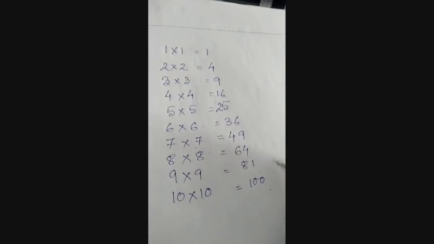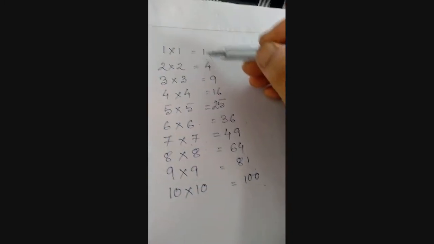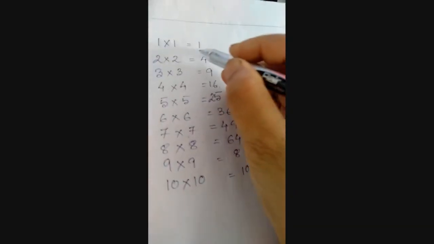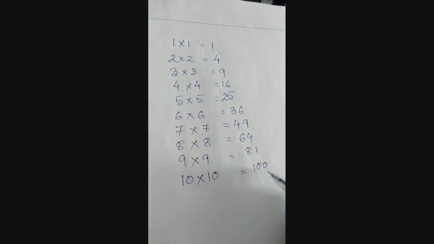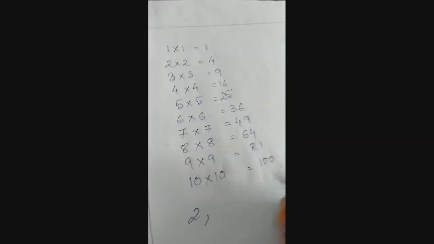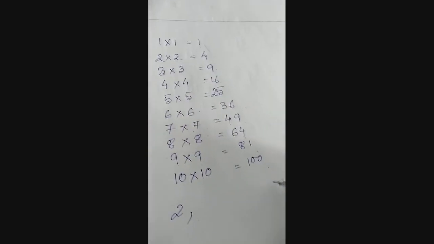Now let us have a look which digits among 1 to 10 are not there in the units place. 1 is there, 2 is not there. Can you see? In the units digit 2 is not there. So let us write it. 2, comma. Then 3, is it there in the units place?